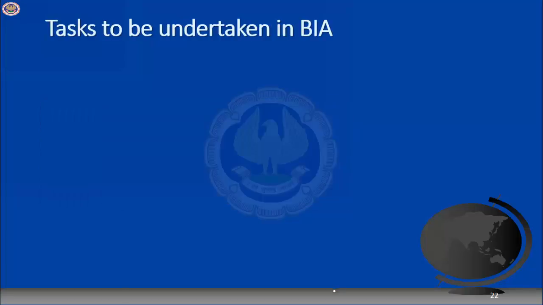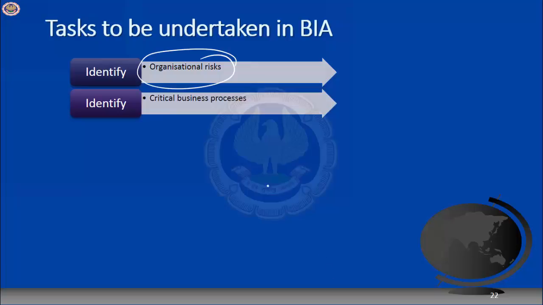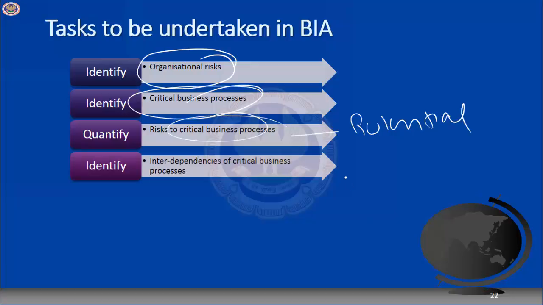Now let's look at what the tasks to be undertaken in a BIA are. First, you need to identify the risks which are there at the organization level. You'll also identify the critical business processes, and quantify this risk in terms of the potential loss to the organization. This is the most important aspect. Identify the interdependencies of the critical processes, because if one process is affected, the second related process could also be affected.